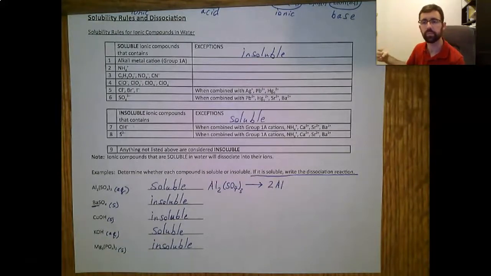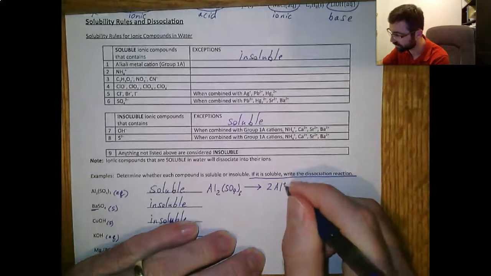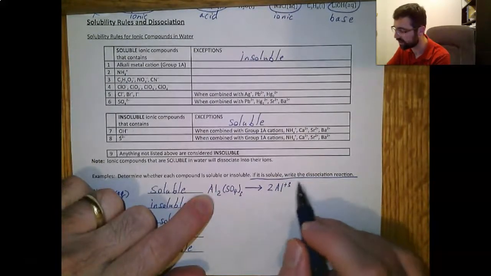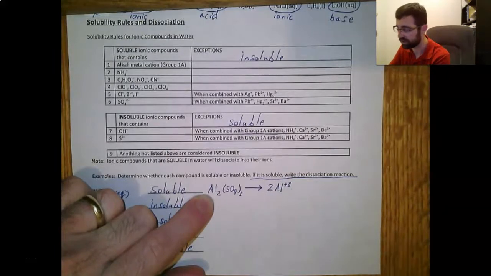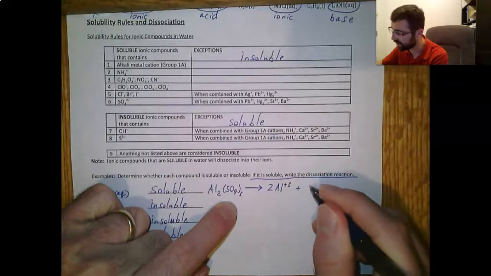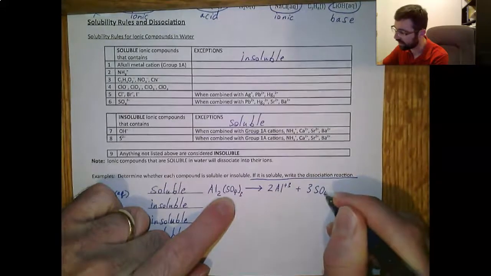That's my way of remembering aluminum's at the top of the staircase. It's the third one, so it's got a positive 3 charge. Okay, so I have 2 aluminum ions with positive 3 charge. I have 3 sulfates, SO4, with a negative 2 charge.